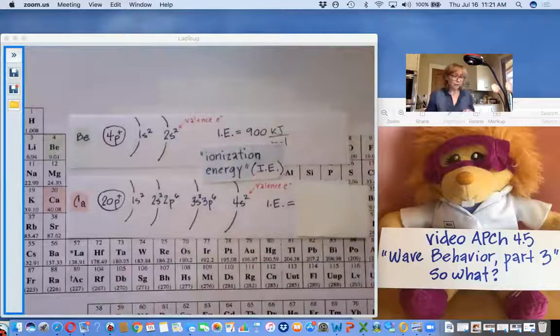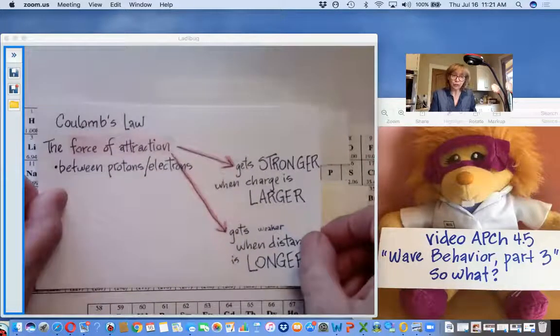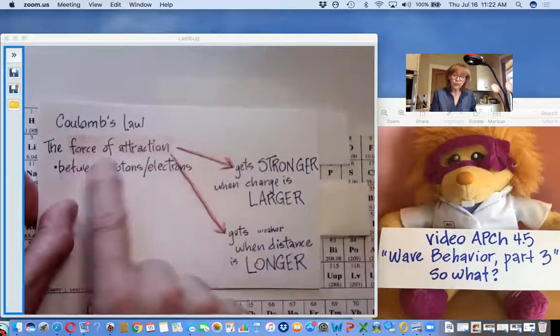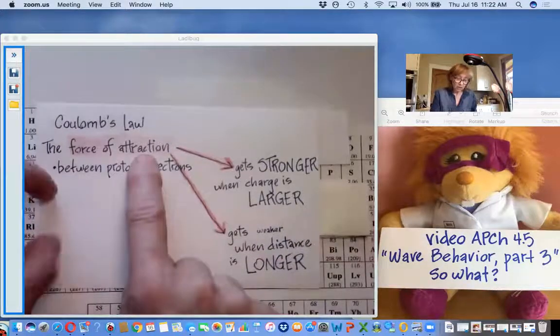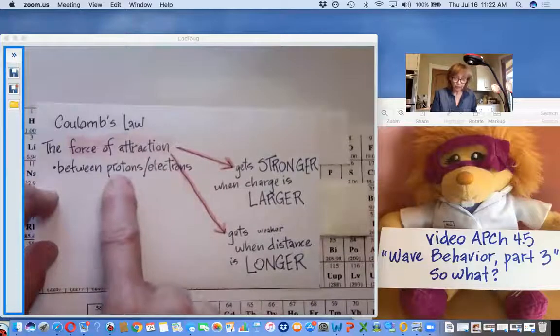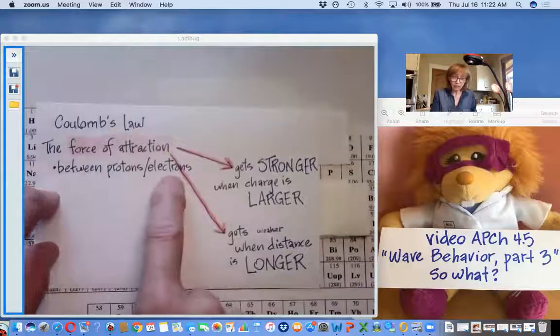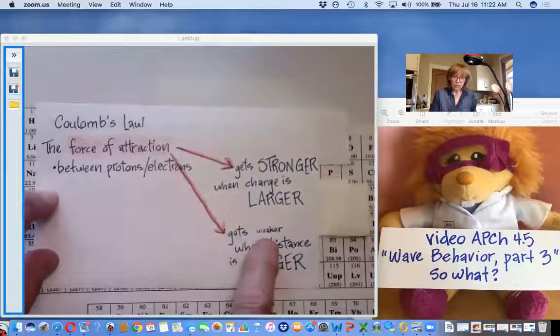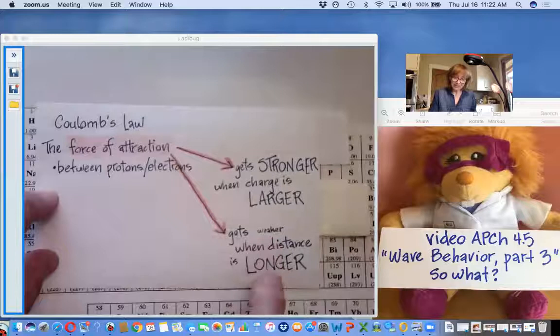So as you ponder that for a minute, I also want you to remember what we've said earlier about Coulomb's law. Coulomb's law tells us that the force of attraction between, in this case, positive protons and negative electrons, that force of attraction gets weaker when distance gets longer.